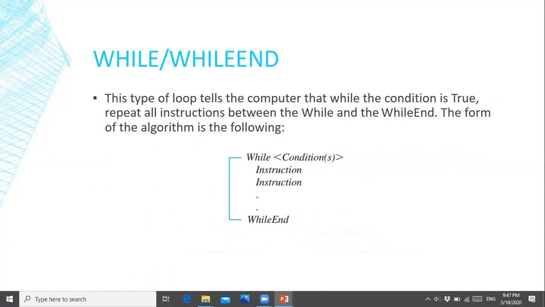So let's look at the syntax of the while loop. The while loop looks like this. This is the algorithm: while, condition or conditions. We can have one condition or more conditions.